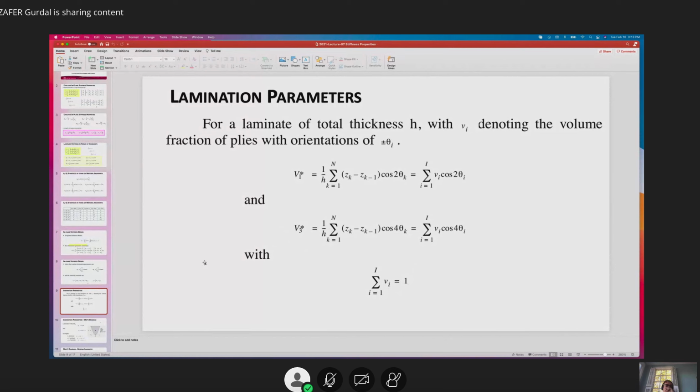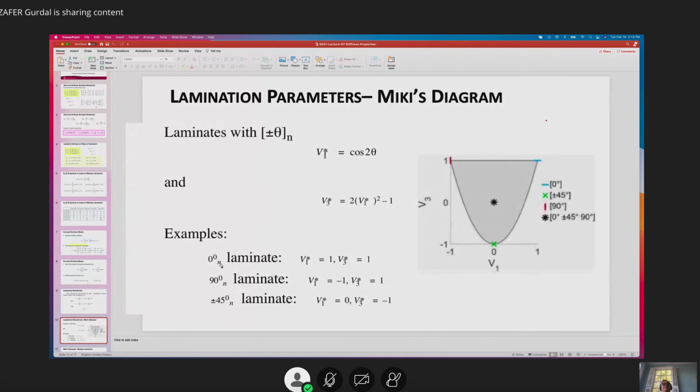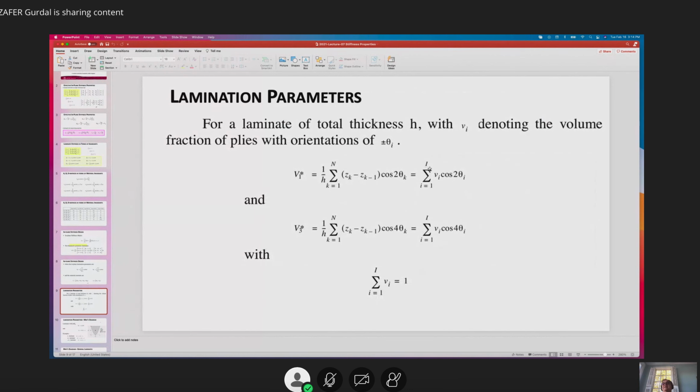If we do this, we find something very interesting. That when V1 is one angle, no other angle, theta_i is one angle, and it's plus minus theta. So capital I is not 2, but 1.